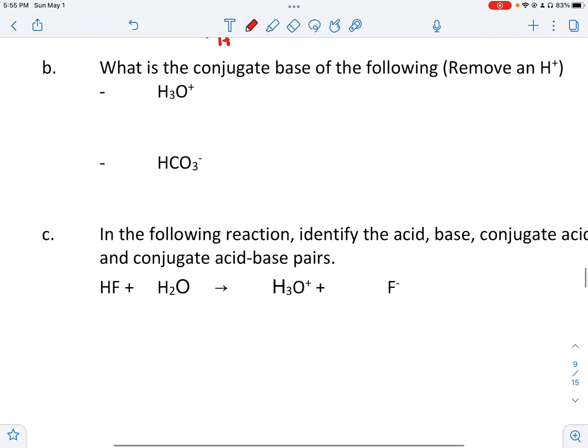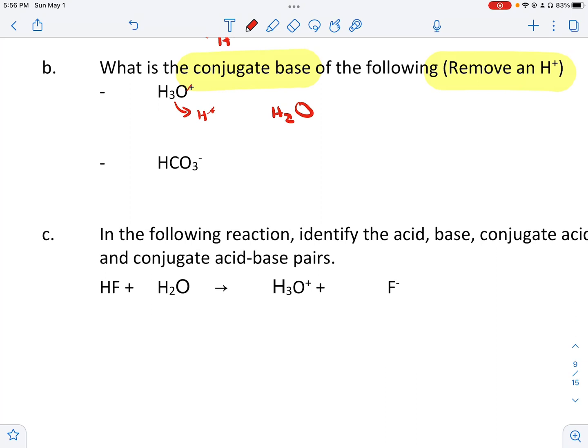Now for our conjugate base, this time we're shifting gears. For a conjugate base, we're going to take away an H+. So we subtract out an H+. If I remove an H+ from here, we're going to be down to H2O. We're taking away an H+, so that plus goes away.